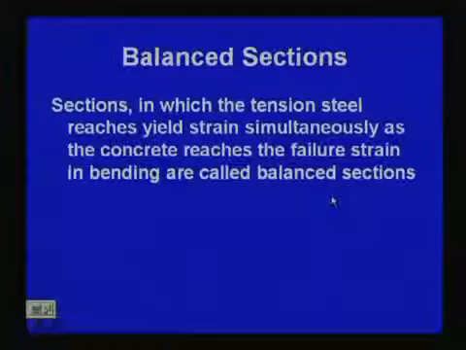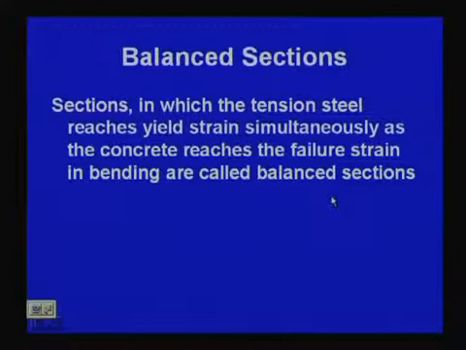One thing here I shall tell you, we can also find out for other cases also. Just to repeat the one which we have mentioned in the working stress method, that is balanced sections.